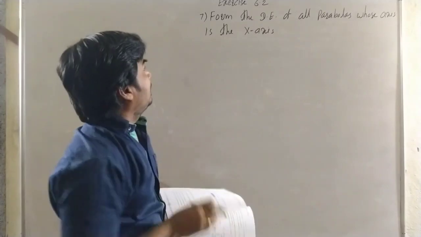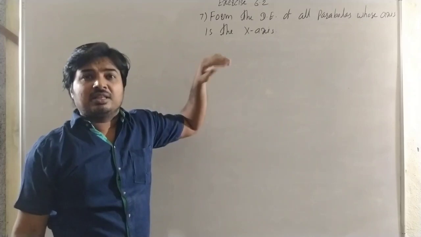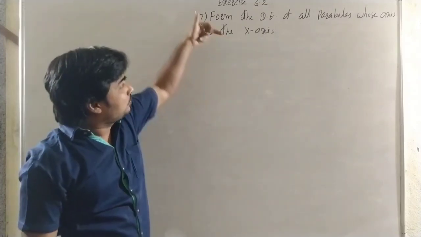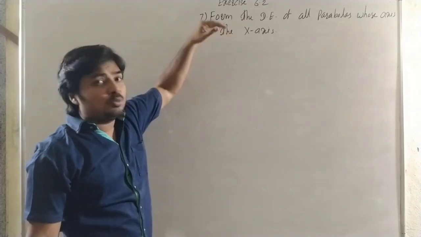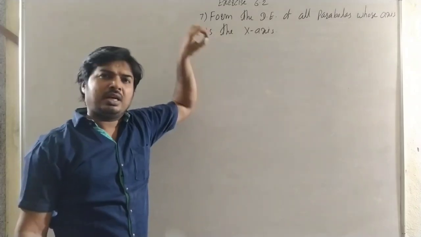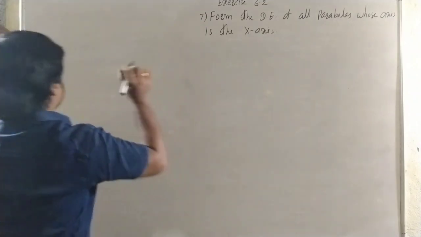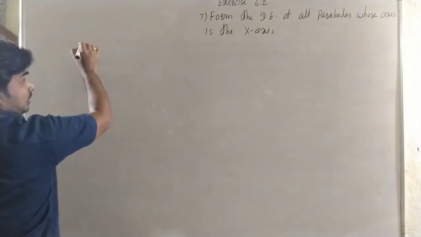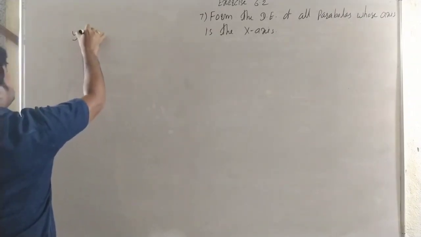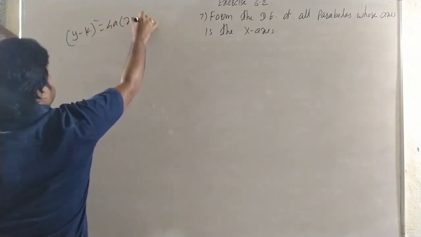Here we want to find the differential equation of all parabolas whose axis is the x-axis. Here the vertex is not the origin. The position of the vertex is not given, so the vertex is anywhere, at the origin also, or on the x-axis, at any point. We know the equation of the general parabola: (y minus k) whole square is equal to 4a into (x minus h).